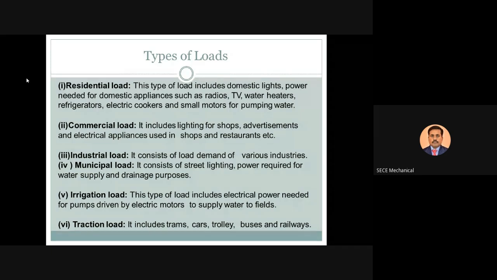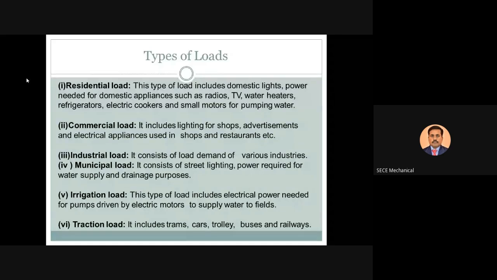For municipal purposes, some power is required for street lighting, water supply and drainage. That is street lighting, and water supply for homes and public places.